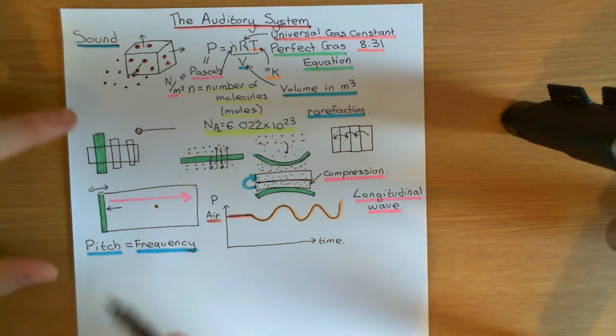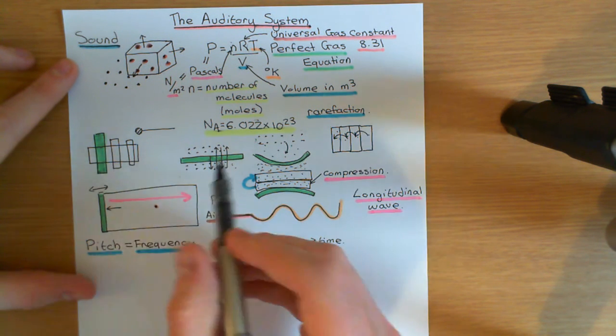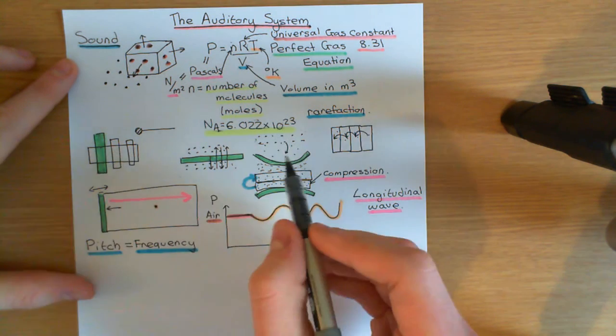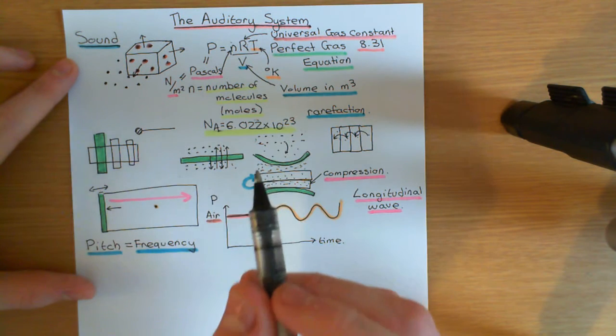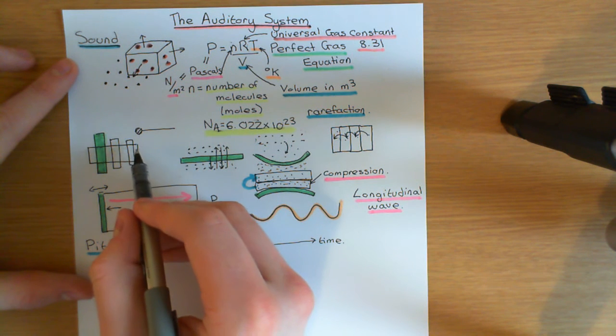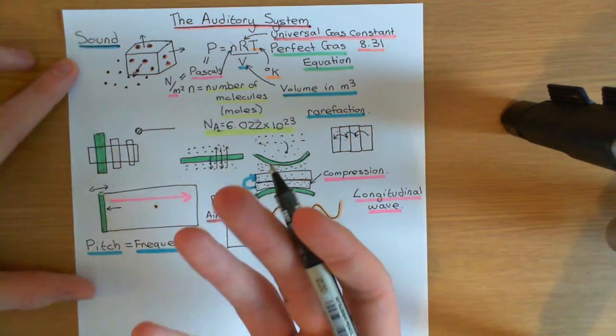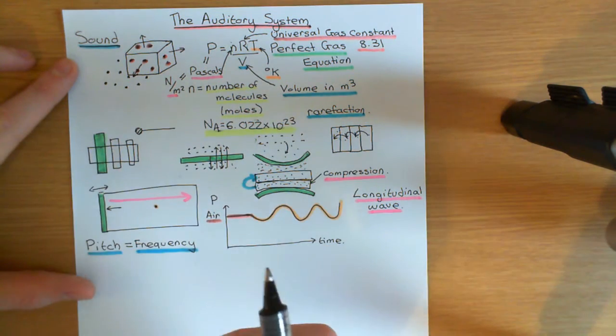So when you hit a smaller bar, the rate at which it is going to be oscillating backwards and forwards is going to be much, much higher. And that means that the rate at which it is going to be generating rarefaction and compression is much, much faster. And that's the pitch of a sound, i.e. how quickly you are going between the rarefaction and compression.